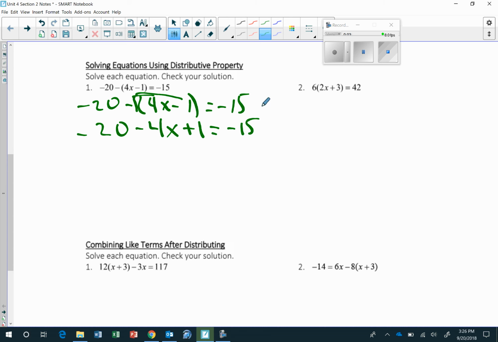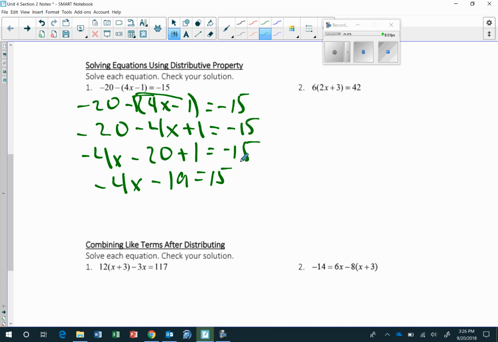Then I need to combine like terms. So in this case, I have negative 20 and positive 1 as like terms. So I'll have negative 4x minus 19 equals negative 15. Now I have a two-step equation, so I can add 19 to both sides.